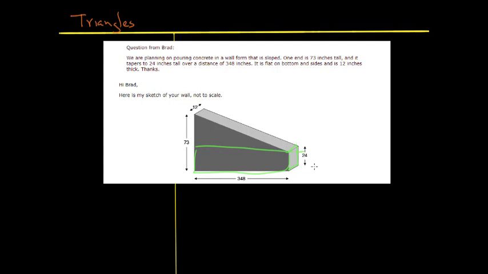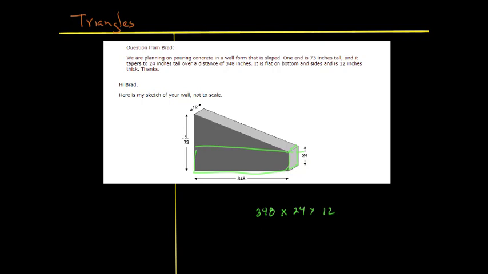Or cubic inches. So we know we have 348, our length, times a height of 24, times a width of 12. And then I would take this triangle and I would calculate that.